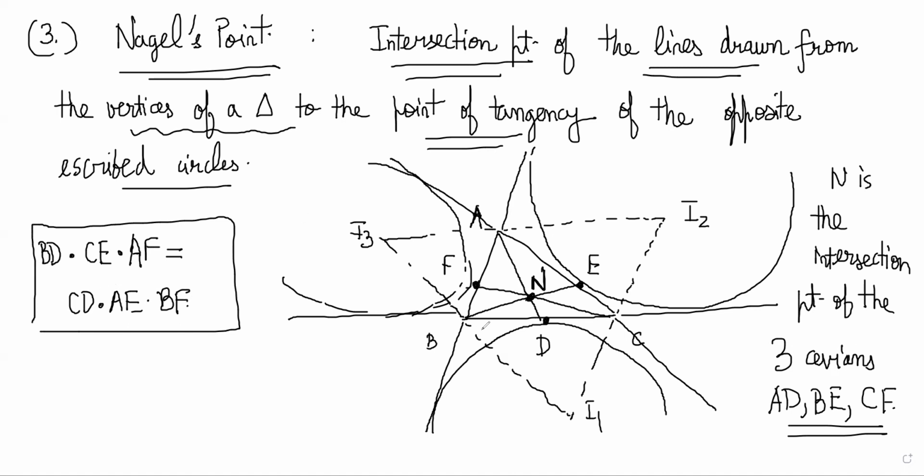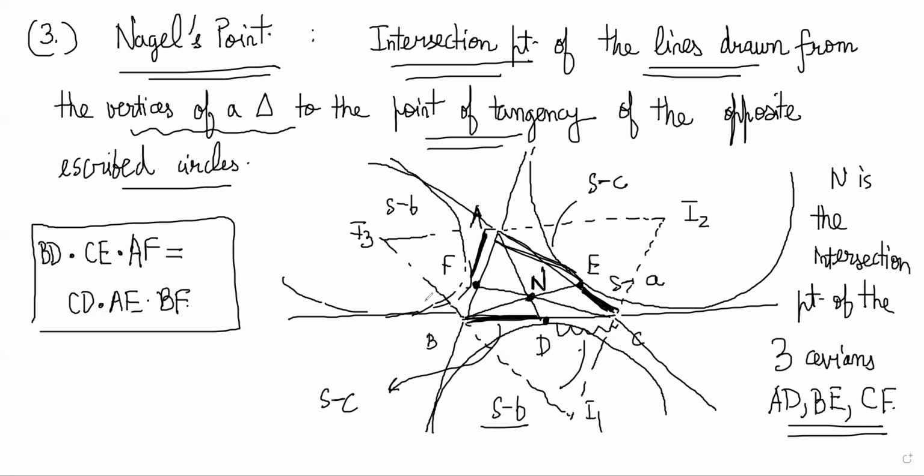And now again, from properties of triangles, you know that the distance of the point of tangency of the ascribed circle is actually equal to s minus c, and this distance is actually equal to s minus b. Similarly, this distance would be s minus a, and this distance would be s minus c. And similarly here, this distance is s minus b, and this distance is s minus a.